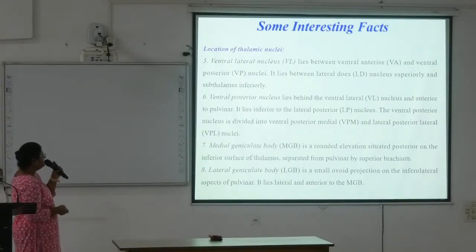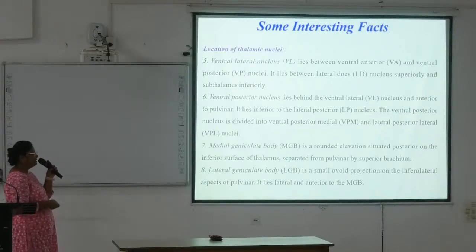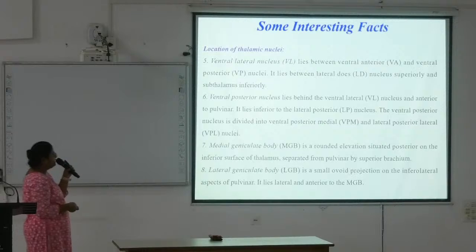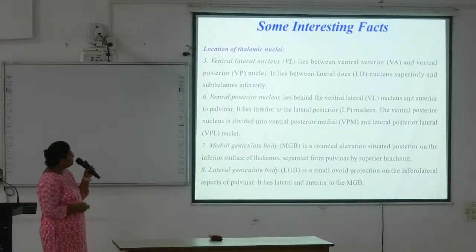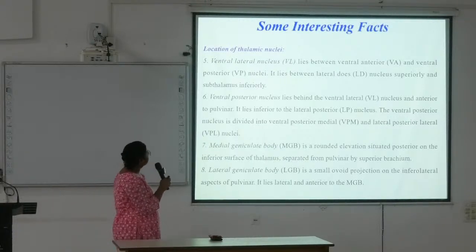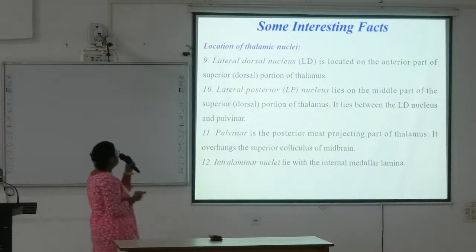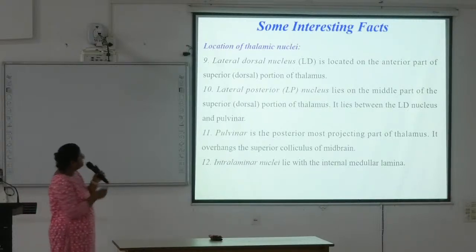Next is lateral geniculate body, a small ovoid projection on the inferolateral aspect of pulvinar, and it lies lateral and anterior to the medial geniculate body. So these are the locations of different nuclei. Next, lateral dorsal. All these you have seen in the picture.